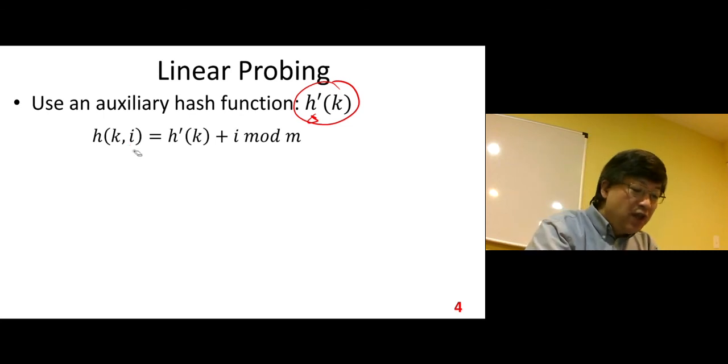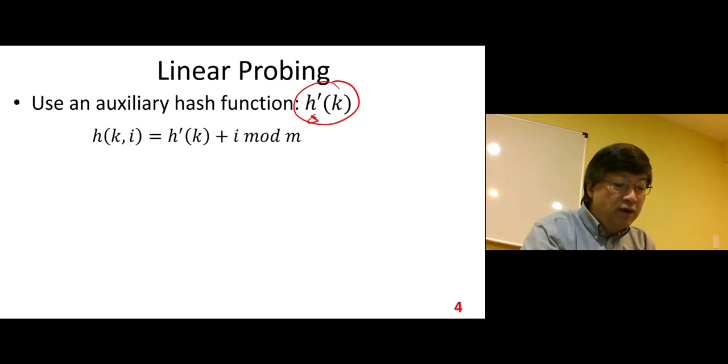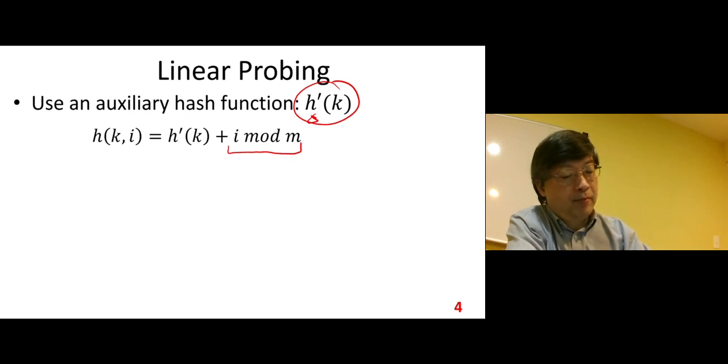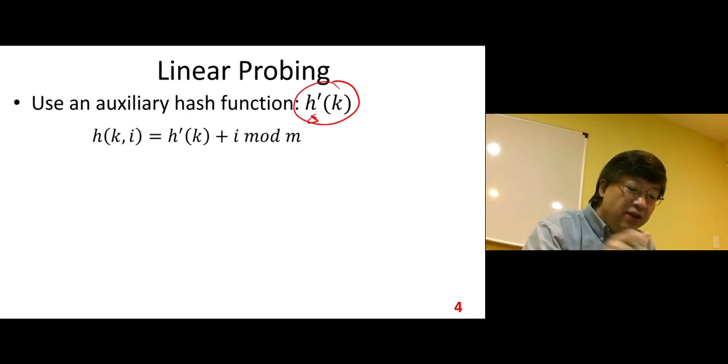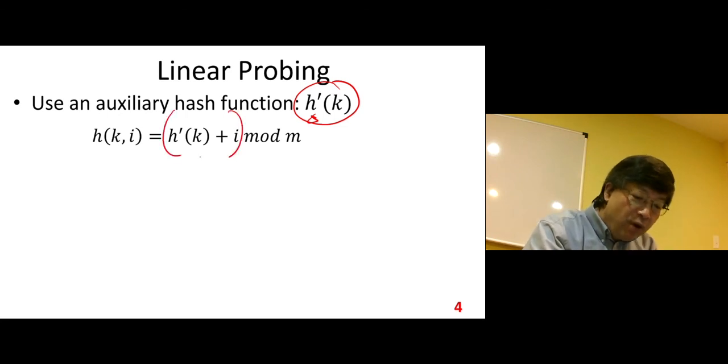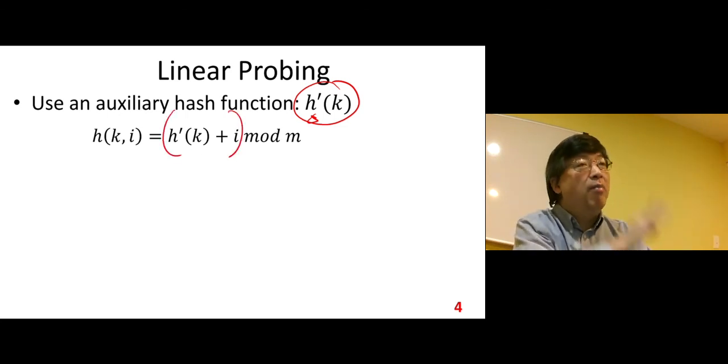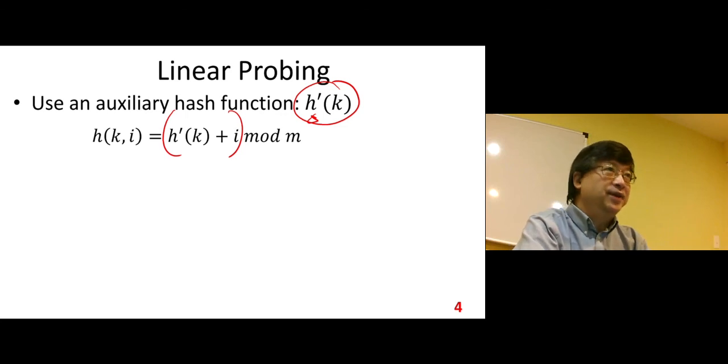Its definition is simple: h prime of k, your hash key, plus i, mod m. Plus i. So we should understand it this way: put parentheses around, then we mod m at the end.